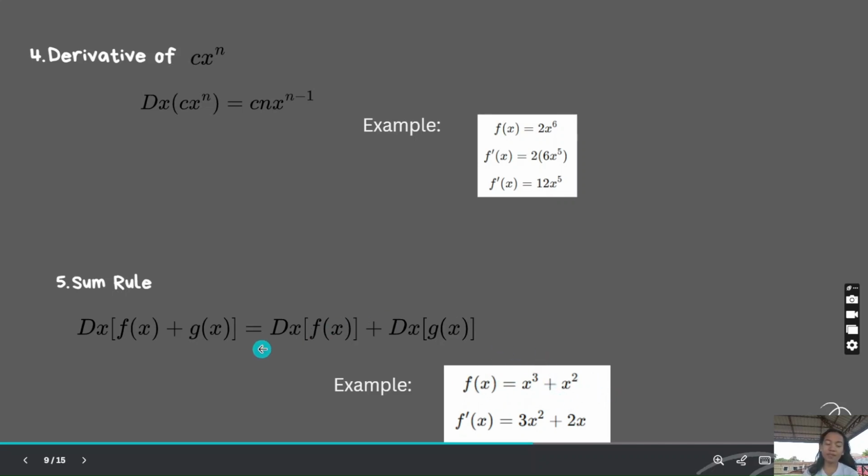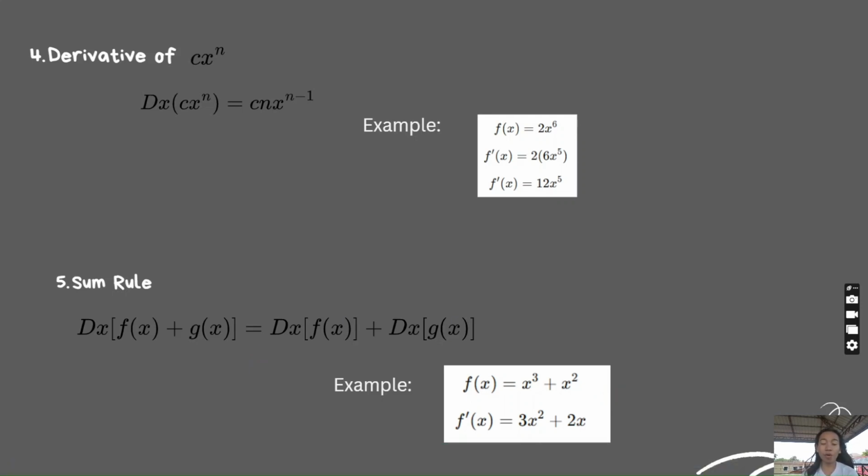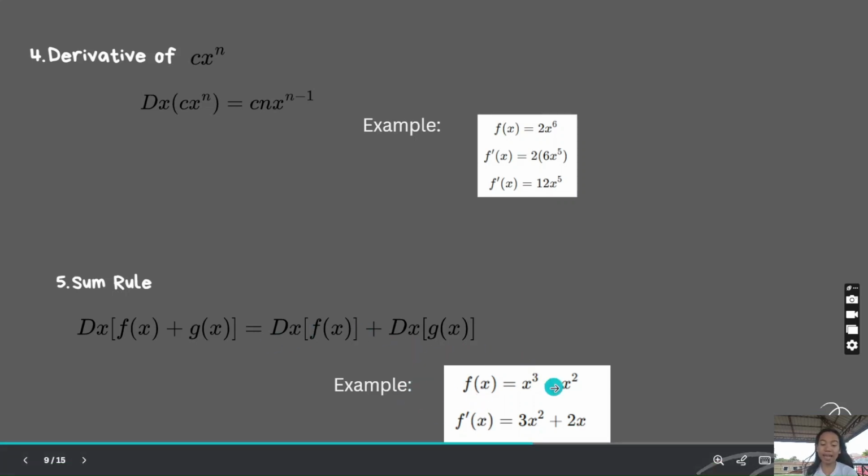So since the formula states that we are going to get first the derivative of both functions, then of course we are going to get the derivative of these two functions. So x cubed, applying the formula earlier, bringing down 3 multiplied by the base, so that is 3x, and then the power, which is 3 minus 1, that becomes 2. So the derivative of x cubed is 3x squared.